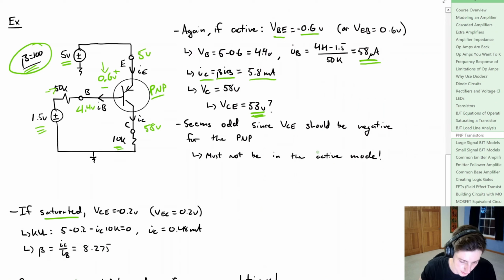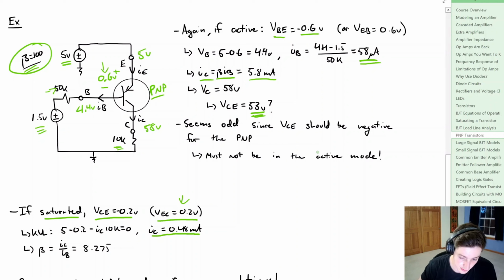Let's consider being saturated. So we're going to say that VCE is minus 0.2 volts, or VEC is 0.2 volts. Now, if that's the case, we have, again, that 0.2 drop from VEC. So VC would be 4.8 volts. And that would allow the collector current to be 480 microamps.